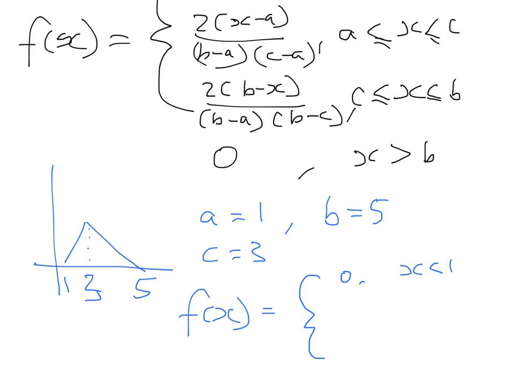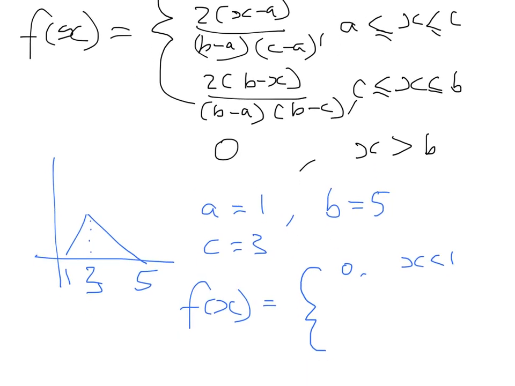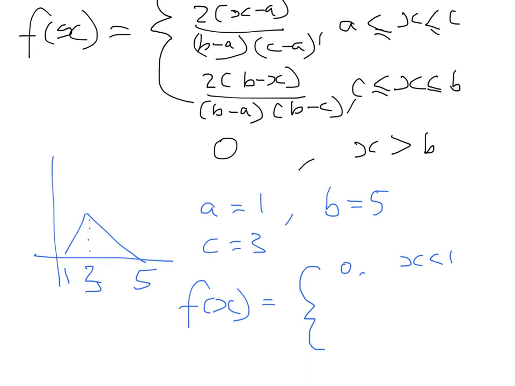Then if we look back at our rule here, we've got 2 brackets x minus a, 2 brackets x minus 1, all over b minus a, so it's 5 minus 1, which is 4, times c minus a, which is 2. And that's between 1 is less than x is less than 3.